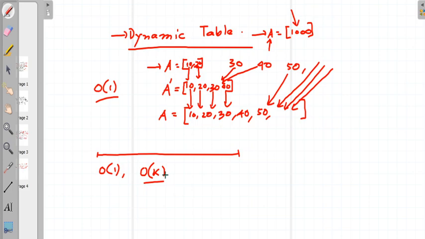So this is a potential candidate. As we know, whenever in a sequence of operations a few of the operations are expensive and the bulk of the operations are inexpensive, then we have to go for amortized analysis. In this dynamic table exactly that is happening.